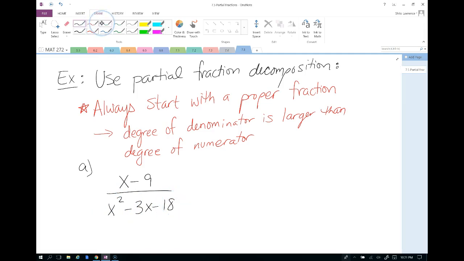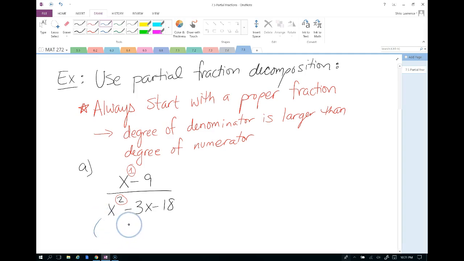Remember, this always starts with factoring, but check to make sure that you are working with a proper fraction. The degree in the numerator is 1, the degree in the denominator is 2. So this is a proper fraction because the degree in the denominator is larger, which is what we want.